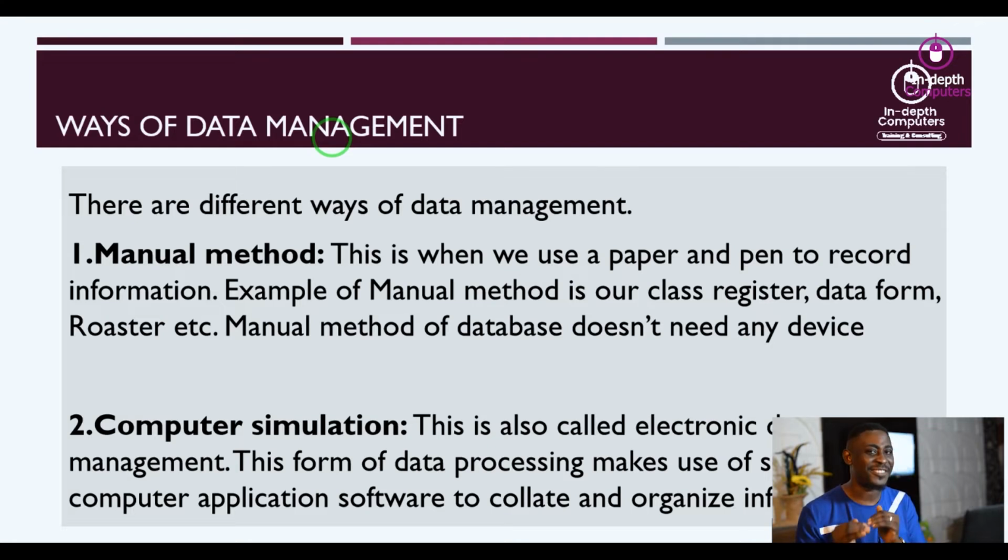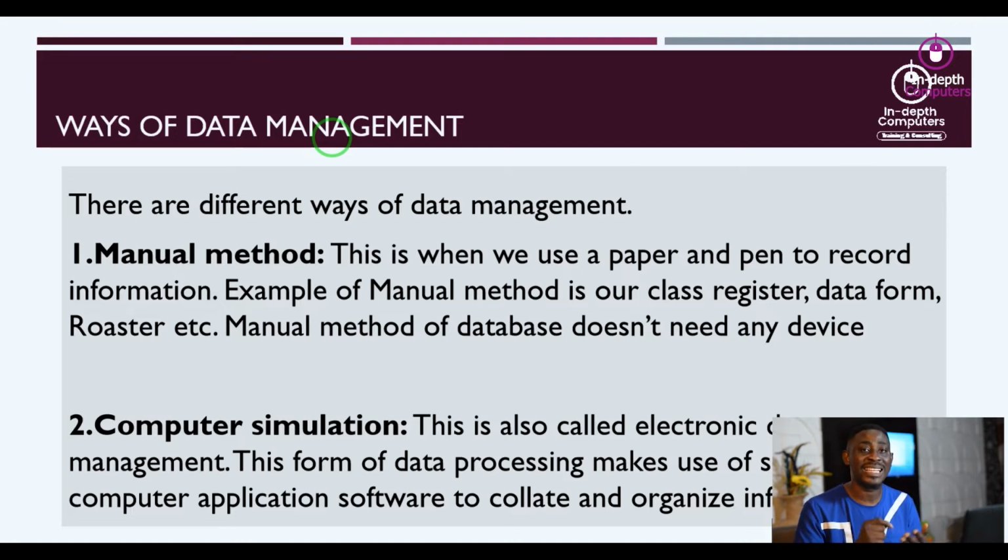Your school has that information. That is database. And the reason your school can easily access your information is because your school has properly stored your information in a place, which means every child in the school has a file. Every child in the school has a file, and this file is a hard copy document. That is what we call manual method of database.